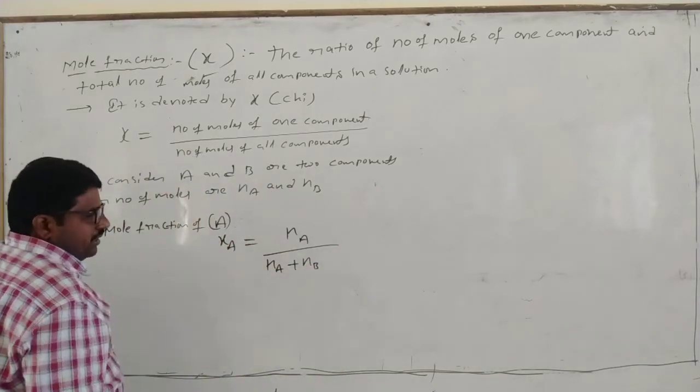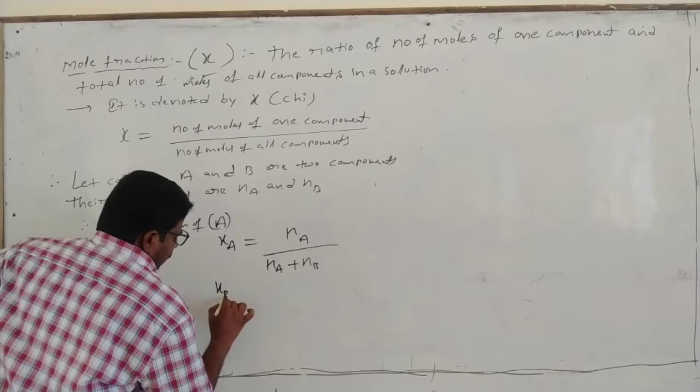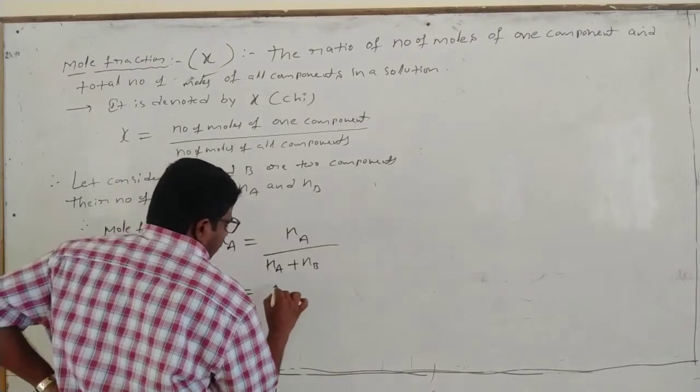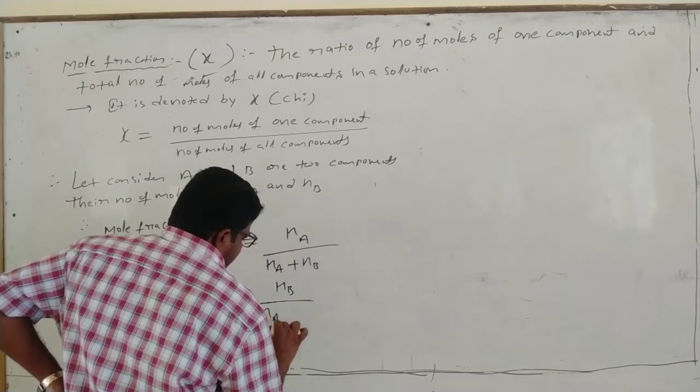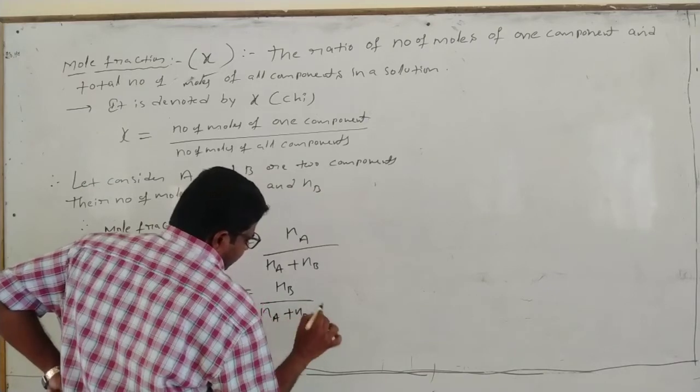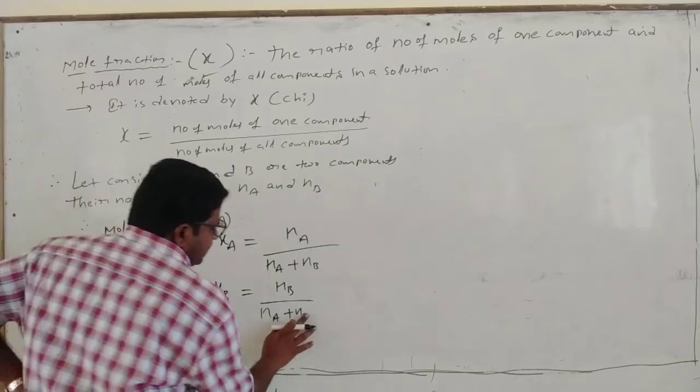This is with respect to A. Then chi B, the mole fraction of B, is equal to Nb by Na plus Nb.